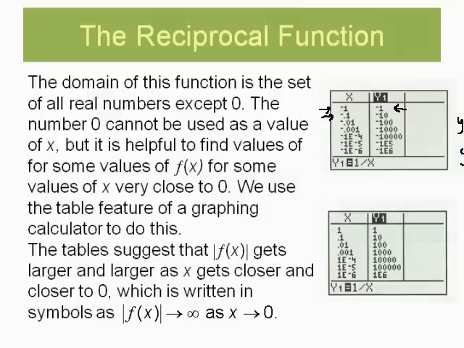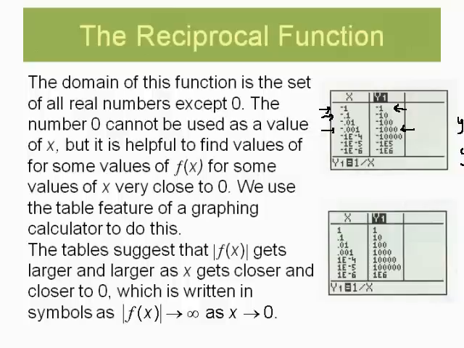So when x is negative 1/10, y would become negative 10. And check it out as x gets closer and closer to 0: negative 1/1000th, x becomes negative 1000, and so forth.